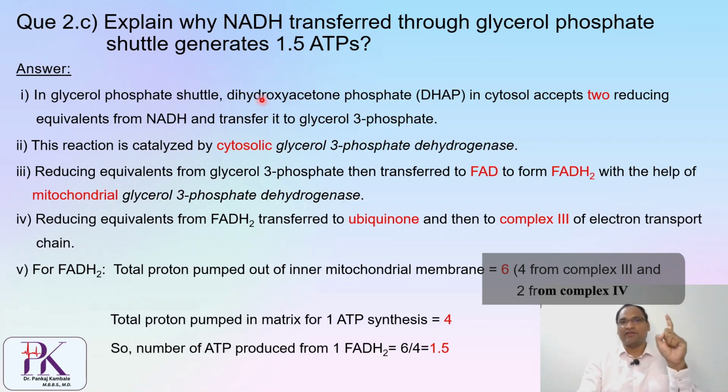So firstly, in the first part, we described how the reducing equivalents are transferred to FAD, and from FAD to the electron transport chain: FAD to FADH2, ubiquinone, complex 3, complex 4, and generation of ATP through proton pumping. Then we focused on how 1.5 ATP are generated through FADH2. So 6 by 4 is equal to 1.5 ATP. Okay, let's move to the succeeding question.